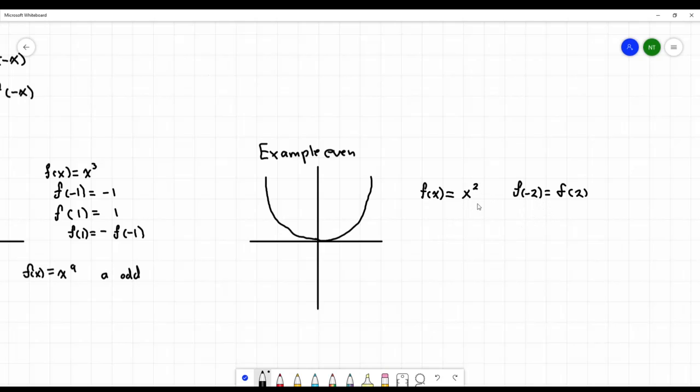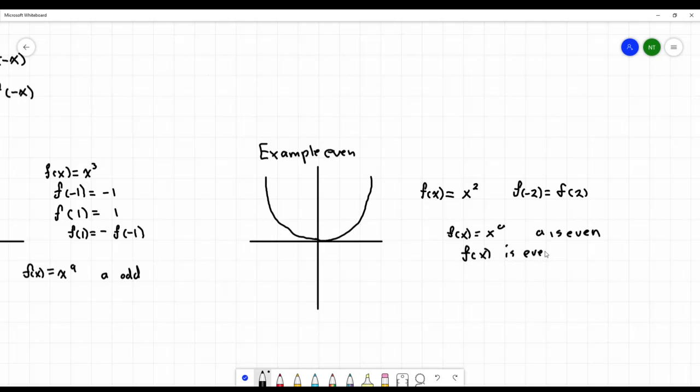The square returns the same value whether the x is negative or positive, right? So for that reason, we can see that x squared is an even function. But furthermore, for all power functions, if a is even, f of x is an even function.